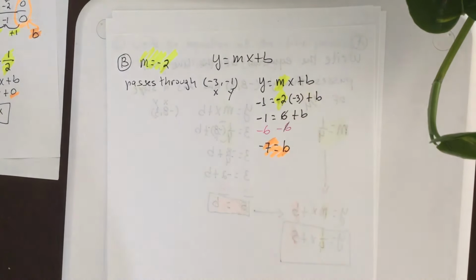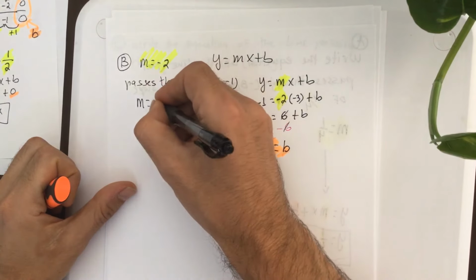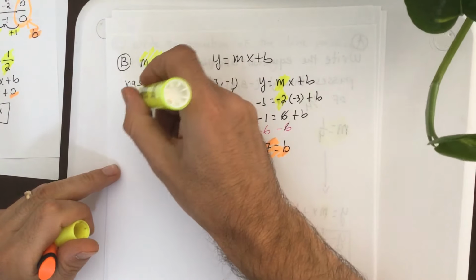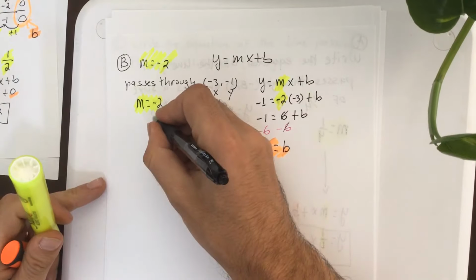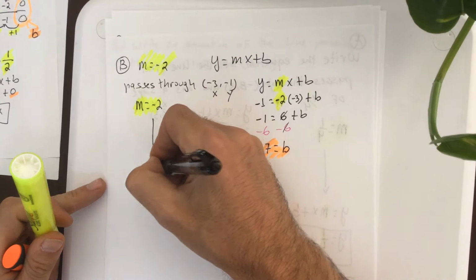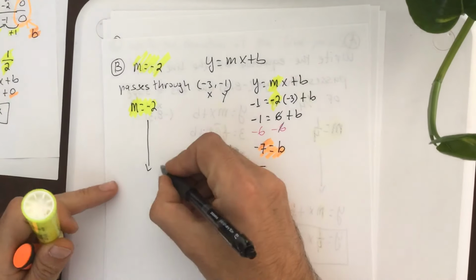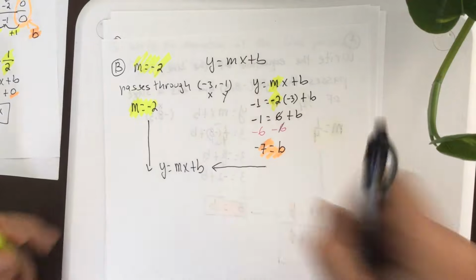So we got the b, we got the slope, which is negative 2, which is given. We put it together. Remember that? So y equals mx plus b.